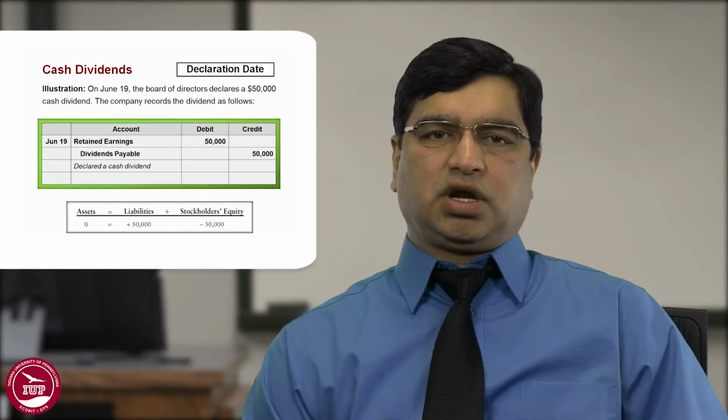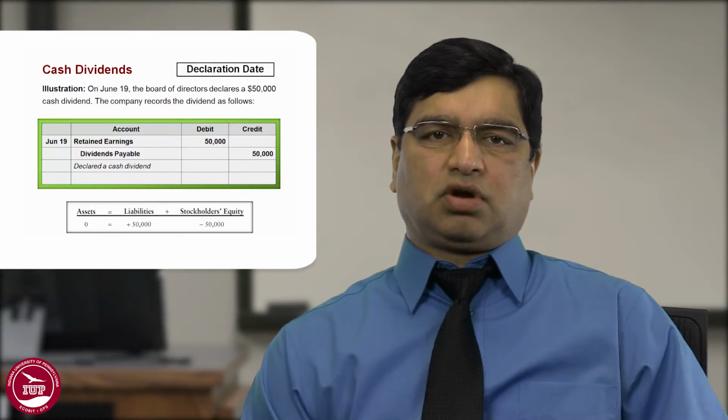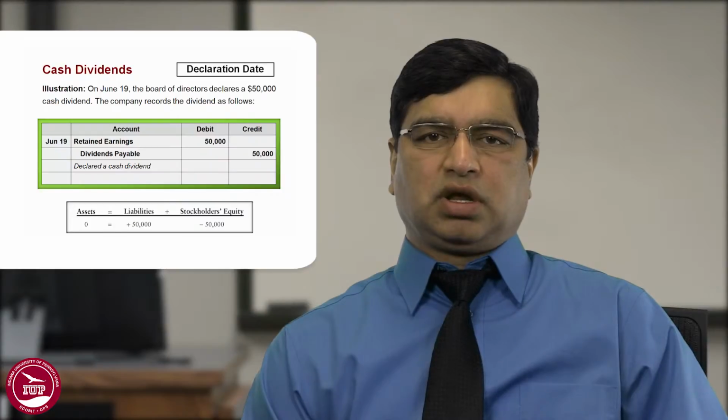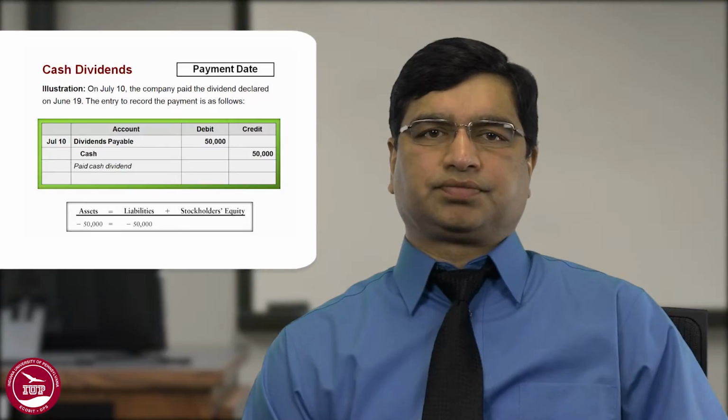A liability is created, and that needs to be paid off. In terms of the accounting equation, assets is equal to liabilities plus shareholders' equity. Liabilities of dividends payable has increased, and the shareholders' equity has gone down by $50,000 in terms of retained earnings.